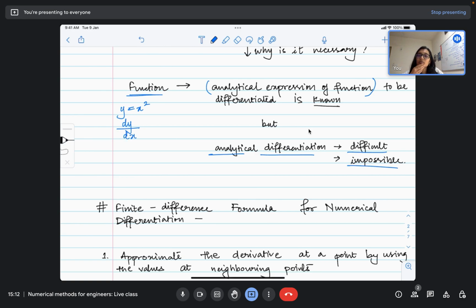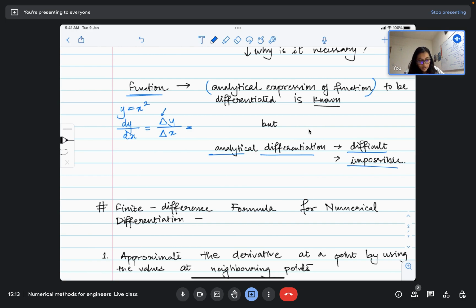Now, what is basically dy by dx? Let's understand that. So dy is basically some change in y and dx is basically some change in x. Okay. So when this change is very, very small, we write it as dy, and when the change in x, delta x, is very, very small, we write it as dx.